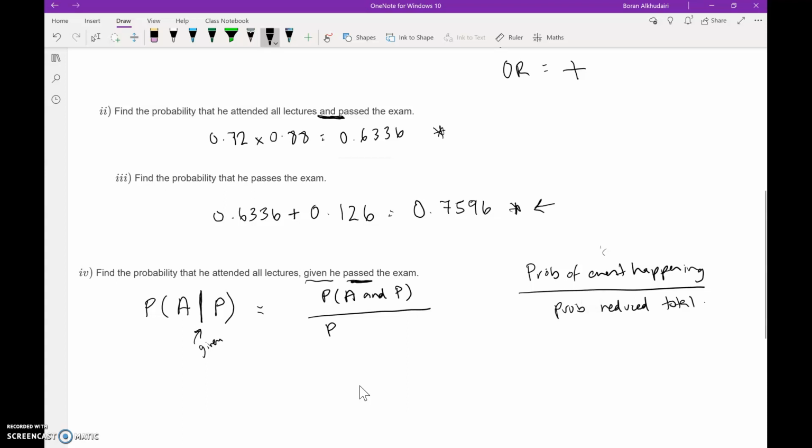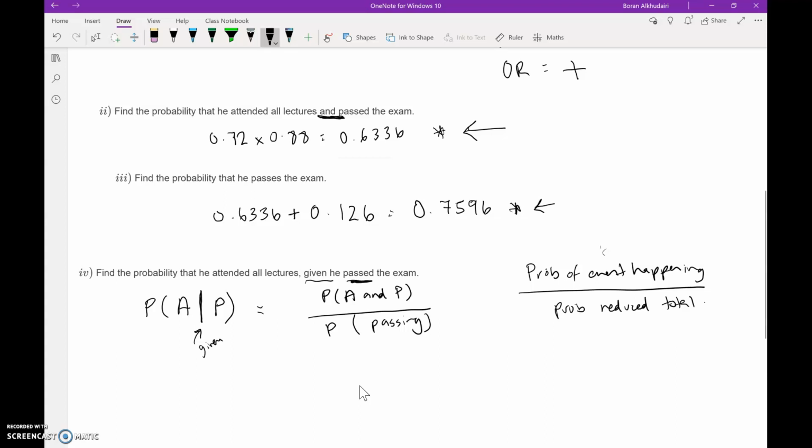So that's the probability of him passing. This is the probability of him attending all lectures and passing. So we have to put the probability of him, the reduced total, passing on the bottom. The probability that we want to find out is that he actually attends all lectures and he passes.